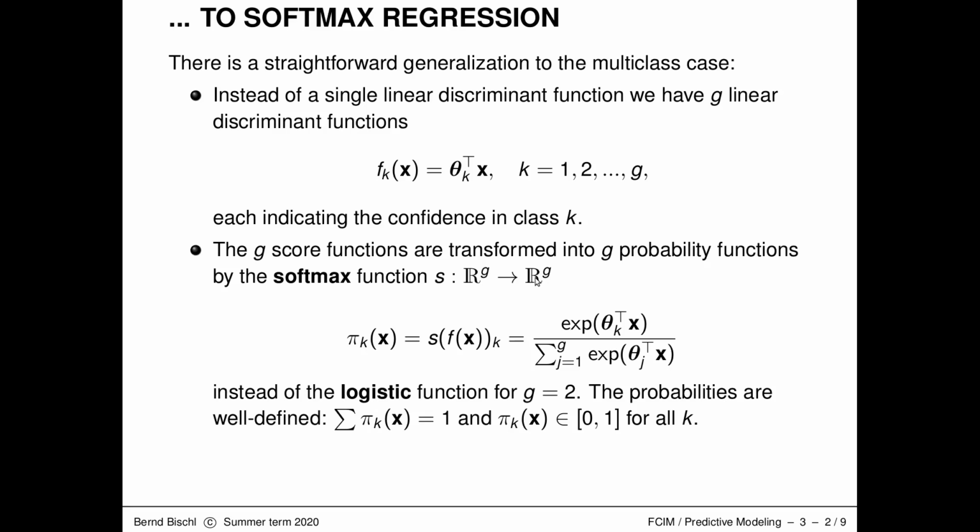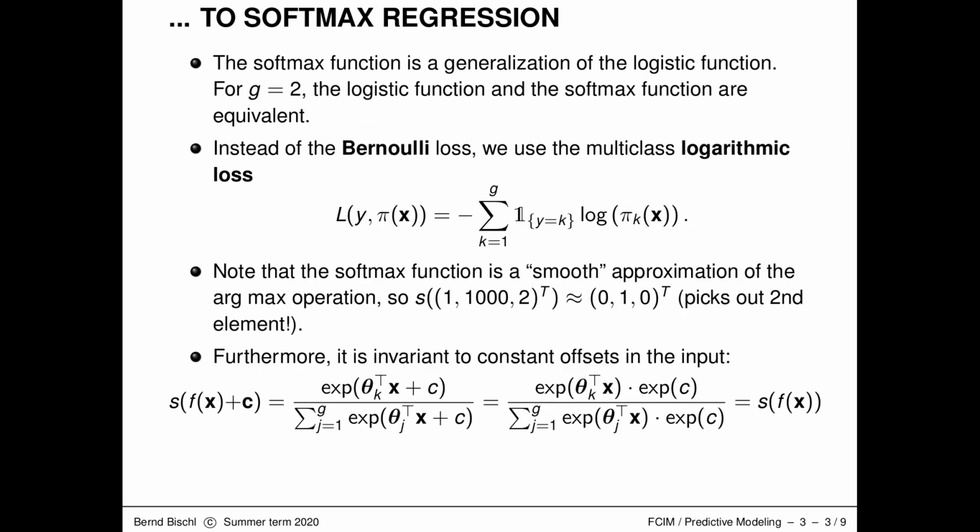I can also easily prove that this formula is a straightforward generalization of the logistic sigmoidal function for the binary case. If G equals 2, the softmax completely coincides with the logistic function and is equivalent to it.